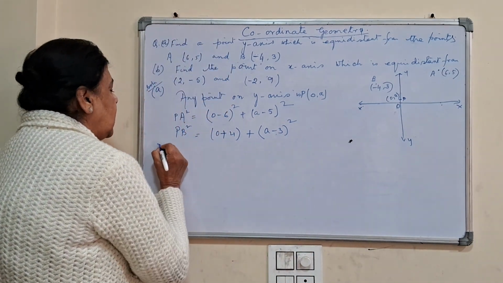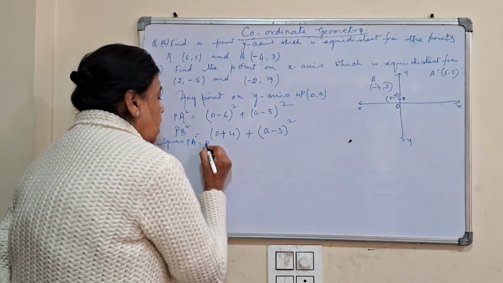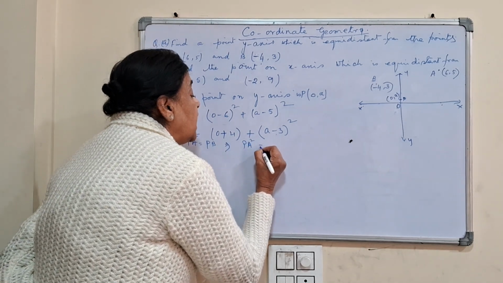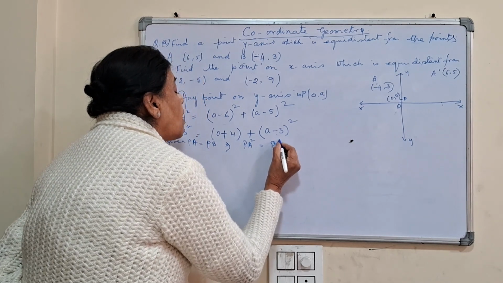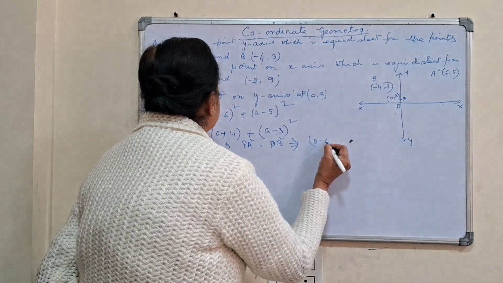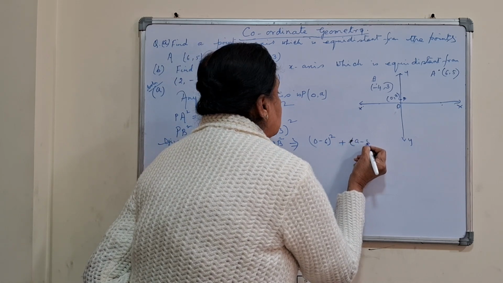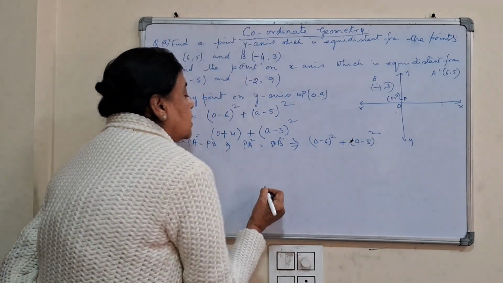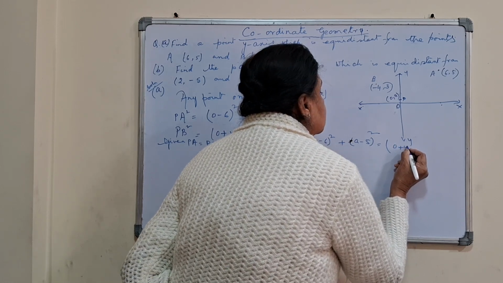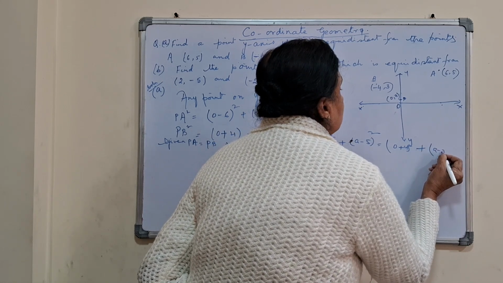Now it is given that PA is equal to PB. This implies PA square is equal to PB square, squaring both sides. So (0 minus 6) whole square plus (a minus 5) whole square is equal to (0 plus 4) whole square plus (a minus 3) whole square.